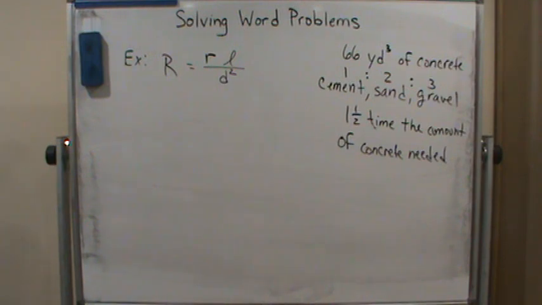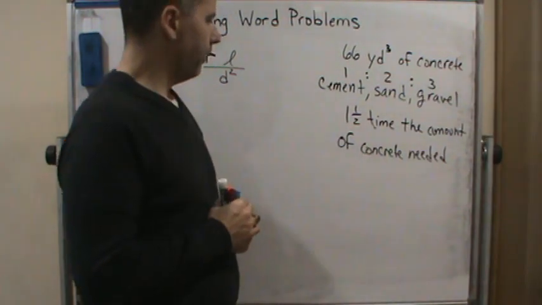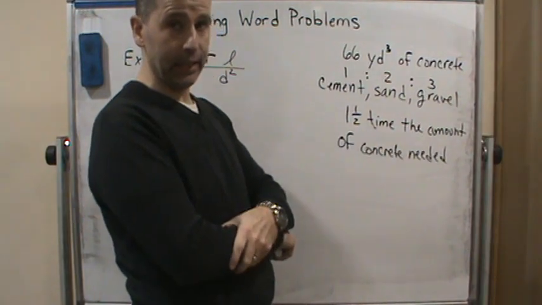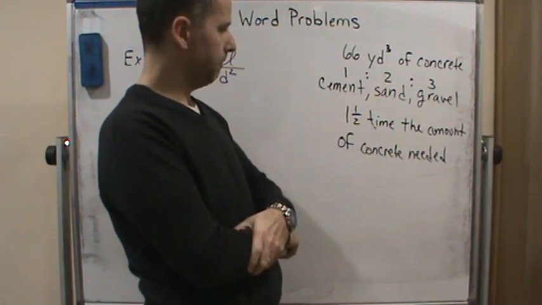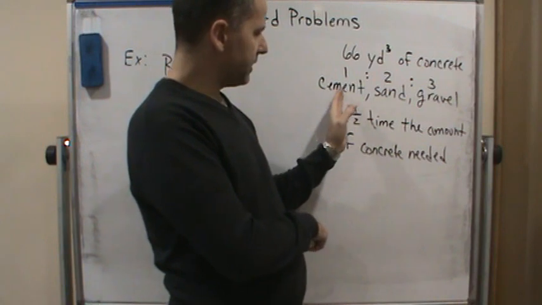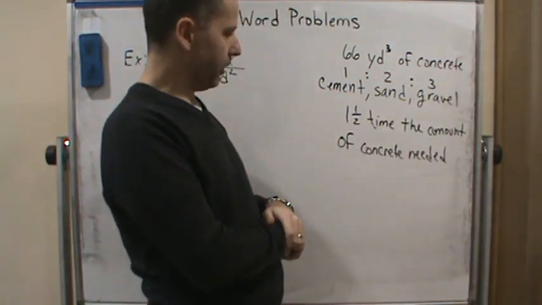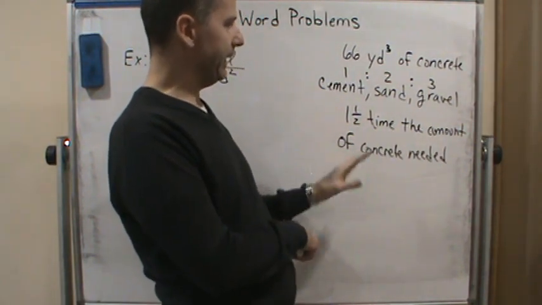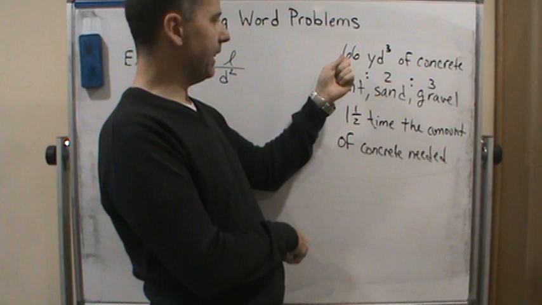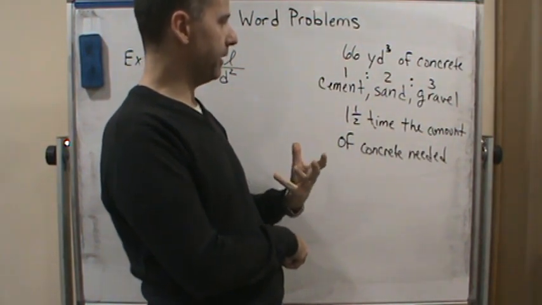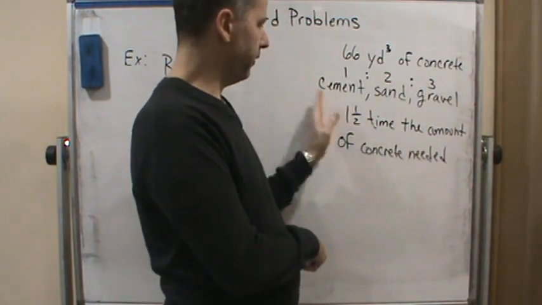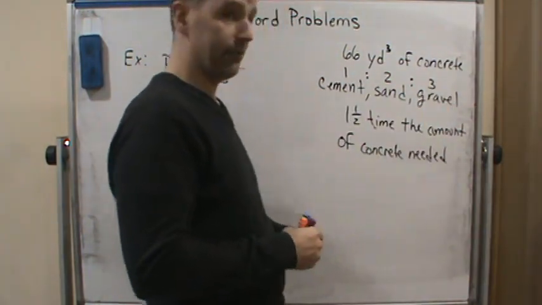Okay, so the first thing is, let's take this in pieces, right? So the first thing is we're given the total amount of concrete needed. The amount of cement, sand, and gravel together should be 1.5 times the amount of concrete needed for the job. Okay, so if we need 66 yards of concrete, then guess what? We're going to need how much of this material? 1.5 times that.